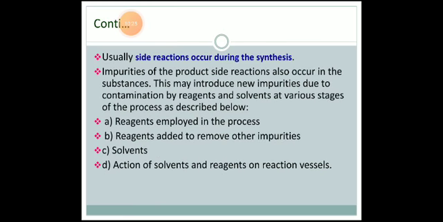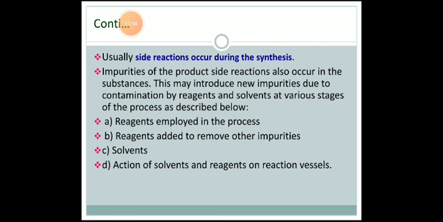Usually side reactions occur during the synthesis, so impurities from side reactions occur in the substance. This may introduce new types of impurities due to contamination by reagents and solvents at various stages of the process. These are described as below.